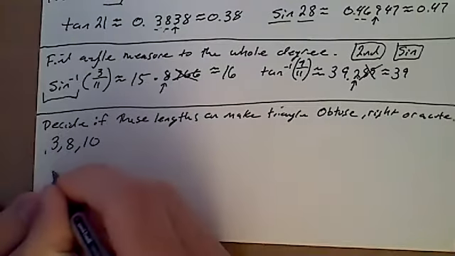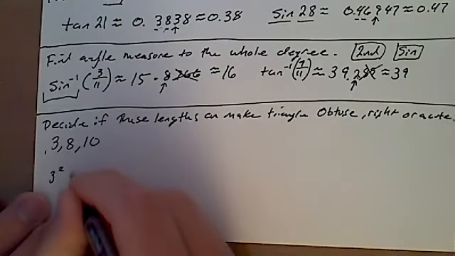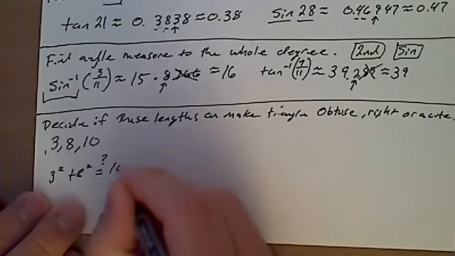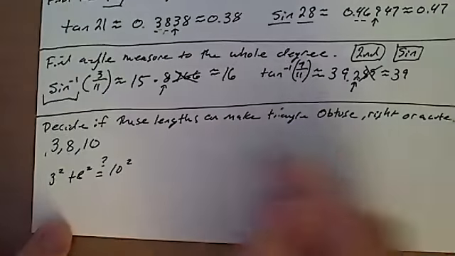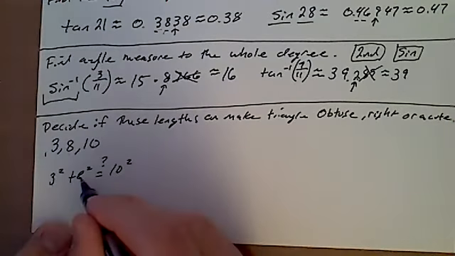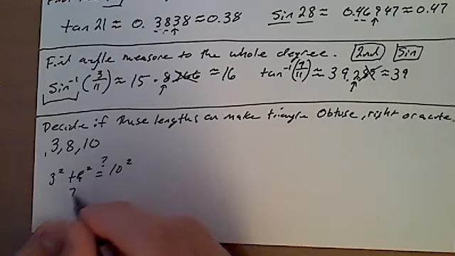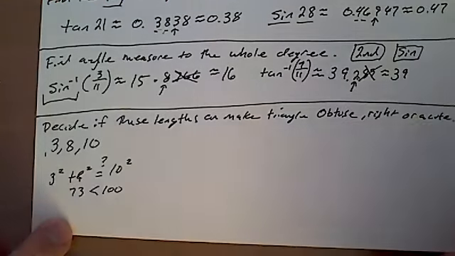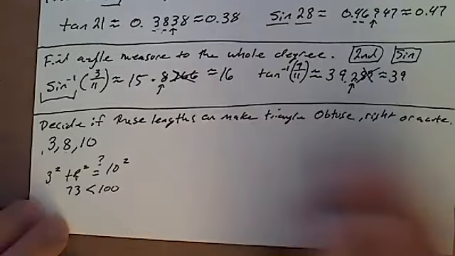This is trying to tell what kind of triangle. So we have 3 squared plus 8 squared, and we want to see if it's equal to 10 squared. This is 9 plus 64. That's 73. 73 is less than 100.